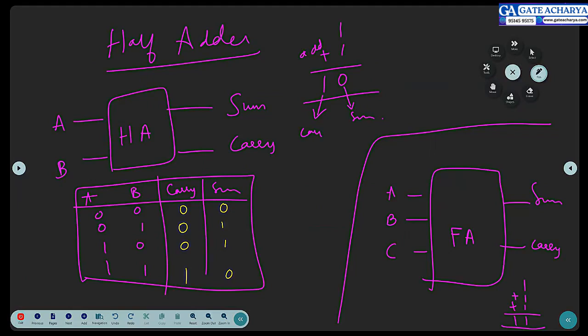Next, full adder, 3 input, A B C 3 input.